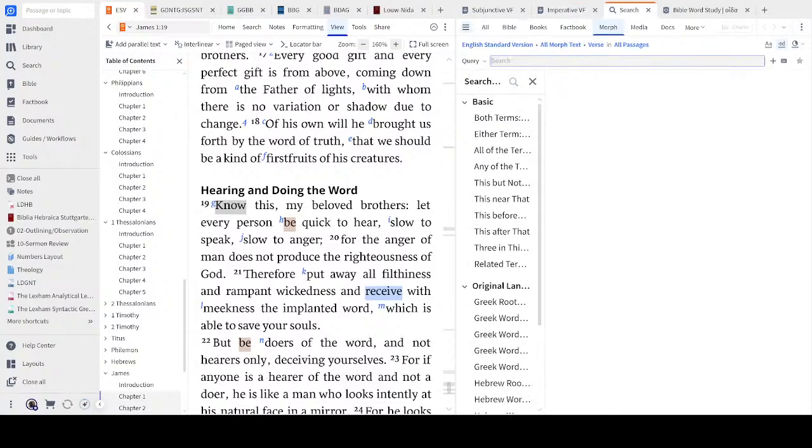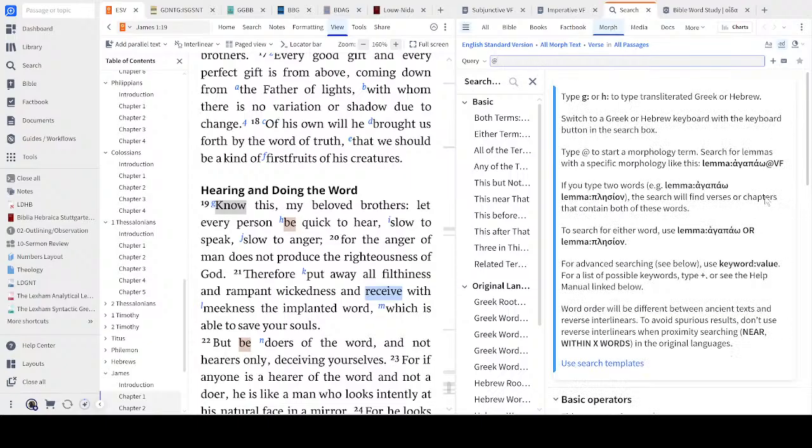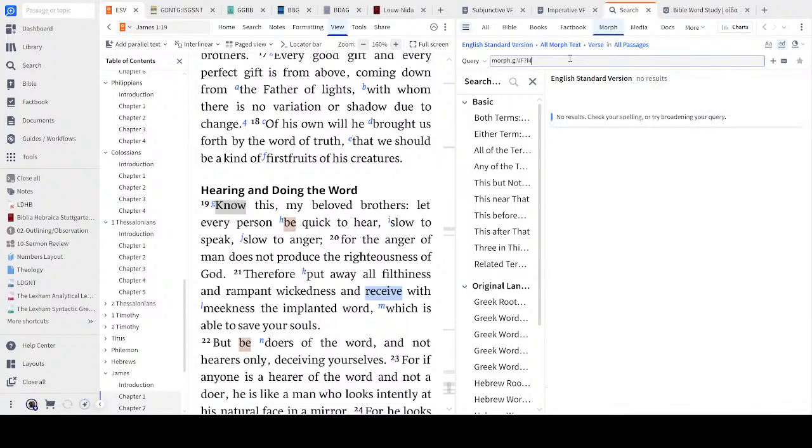So I'm going to come in here and go into a verb. I want to have an imperative. Let's see if anything shows in the future. I doubt it. No. Let's see if anything is in the pluperfect. I doubt it. No.